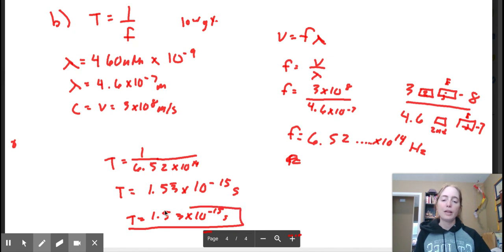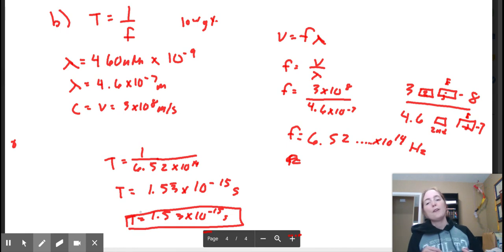So, ladies and gentlemen, one final piece to be aware of. In this unit, we're going to deal with really, really big numbers and really, really small numbers. Big frequencies and small wavelengths and small seconds. So if you wind up with numbers that are really huge and really small, that's going to be okay sometimes.